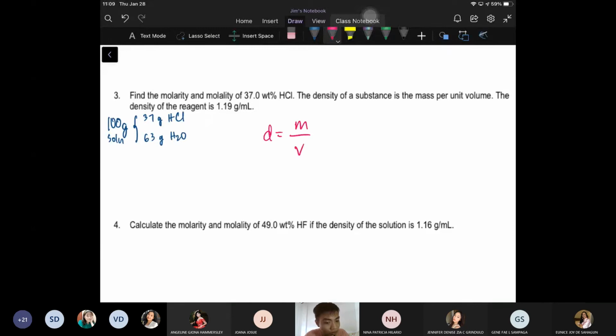We are looking for the volume. So, we have to rewrite the equation as, volume is equals to mass divided by density. So, ganun gagawin natin, ha? We will use density formula to solve for the volume of the solution.